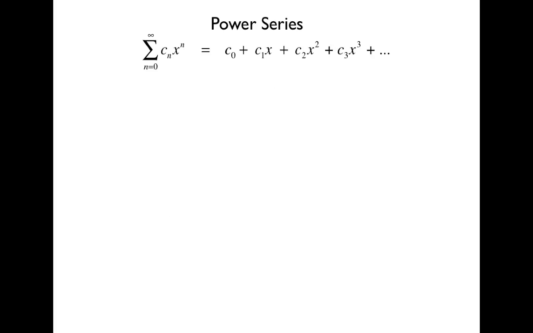Okay, so there's our basic form. We already wrote that. So here's an example. x to the n over 2n minus 1.